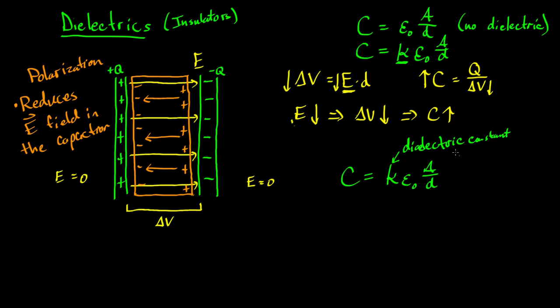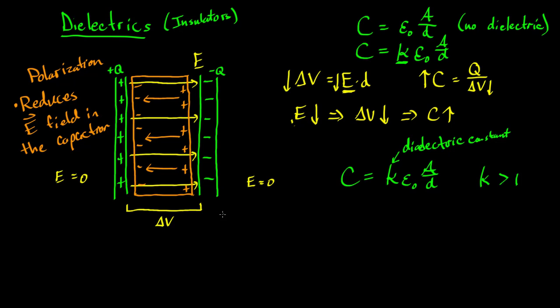Actually, the table that I have is in terms of big K, which is this entire quantity. But you can see that for vacuum, this has to be 1, so that we get back to the vacuum case. Other than that, kappa is going to be greater than 1 for a material other than vacuum, because it has to make the capacitance bigger. And that's the basic idea.